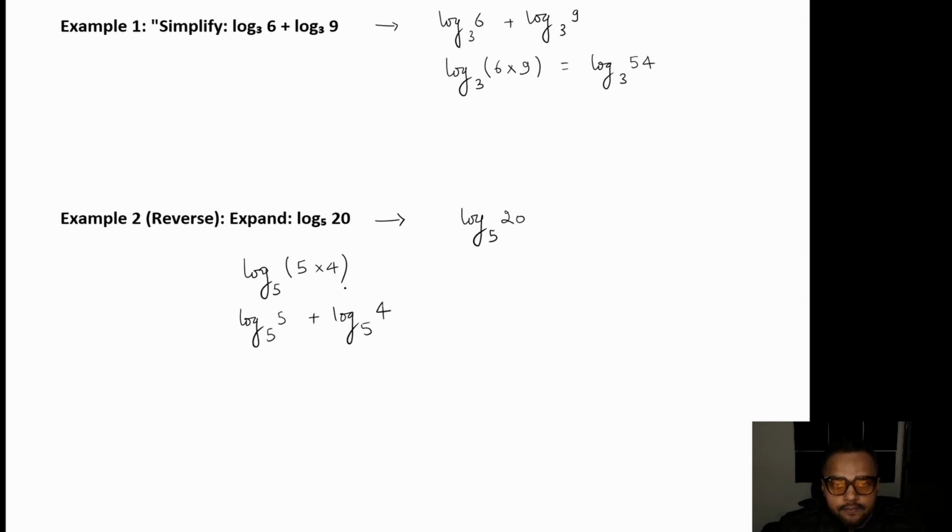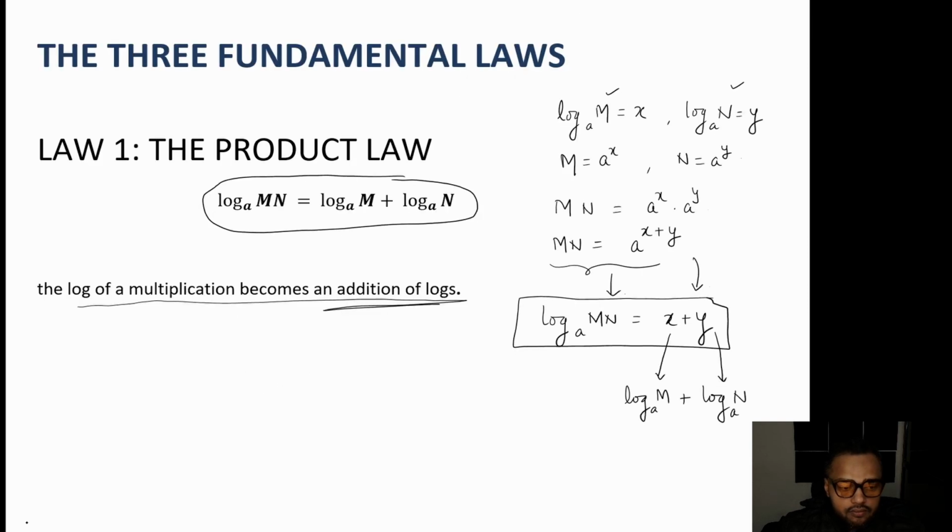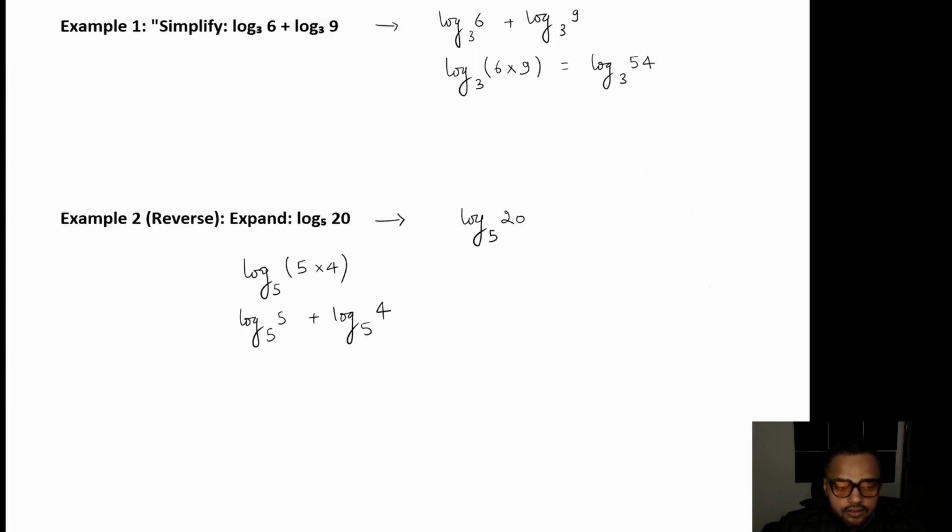Just think of this product law in reverse. We have taken what was given, and we are calculating the values from here. In this part, log of 5 base 5 plus log of 4 base 5.